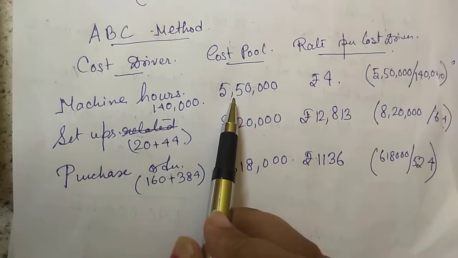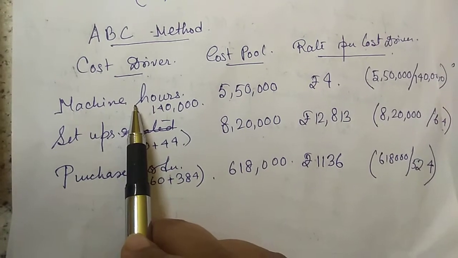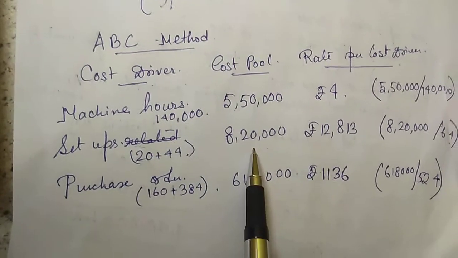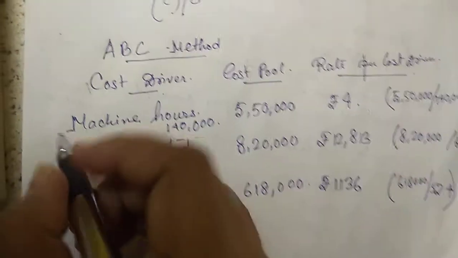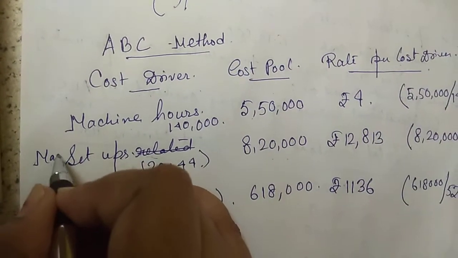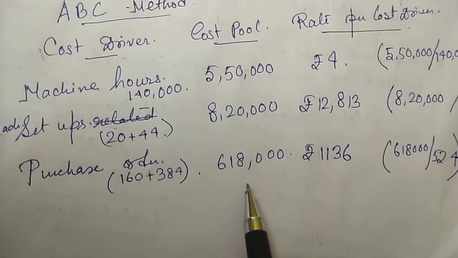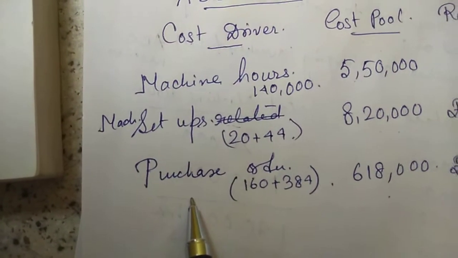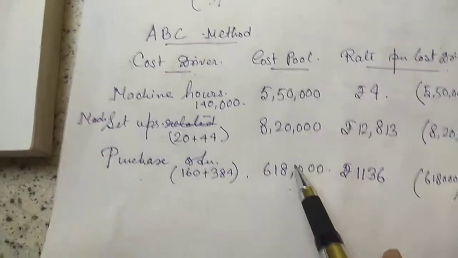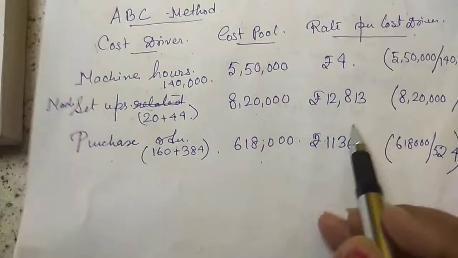This is my volume related cost, and the driver is machine hours. This is my setup related cost, and the driver is machine setup. This is my purchase order related cost, and the driver is purchase order. So here is my cost pull, here is my cost driver, and here is my rate per cost driver.